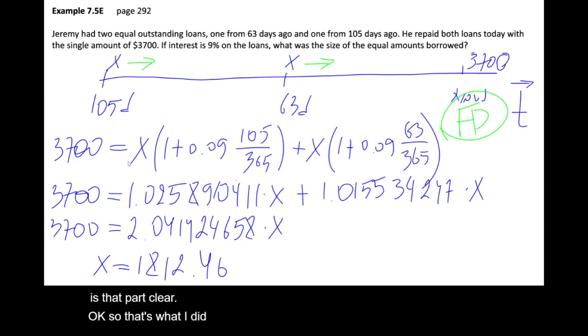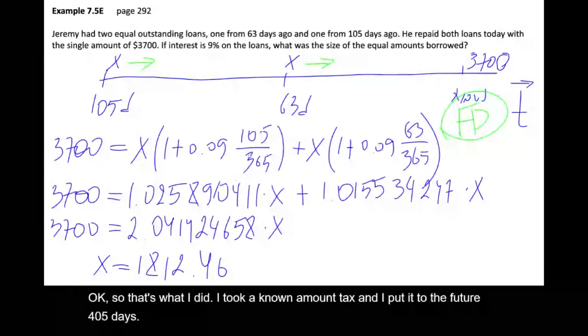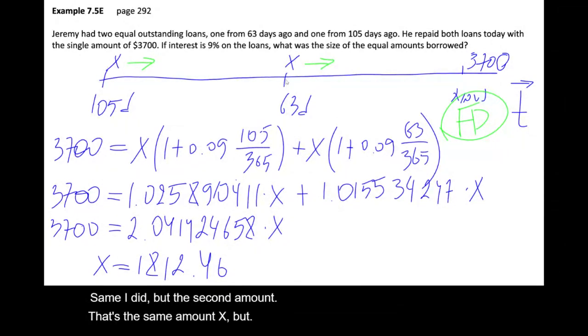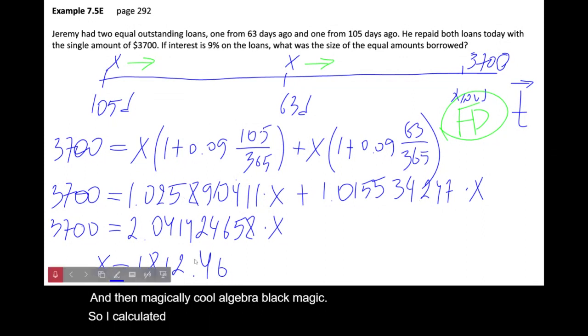I took an unknown amount X and I put it to the future 105 days. Same I did with the second amount. That's the same amount X, but it will produce interest for the next 63 days. And then magic I call algebra, black magic. So I calculated coefficients, I added them up, and I found X.